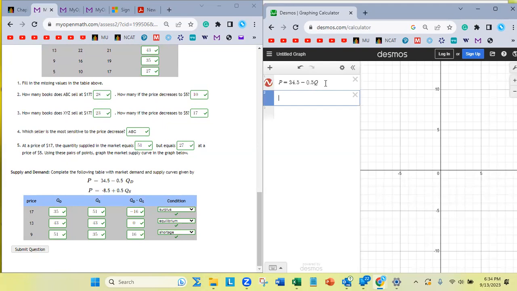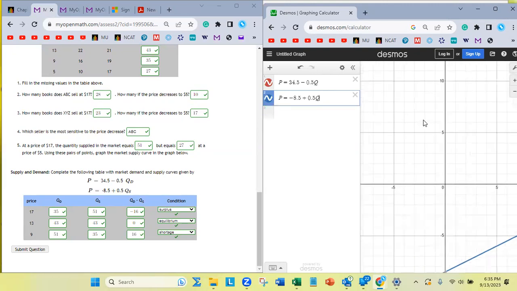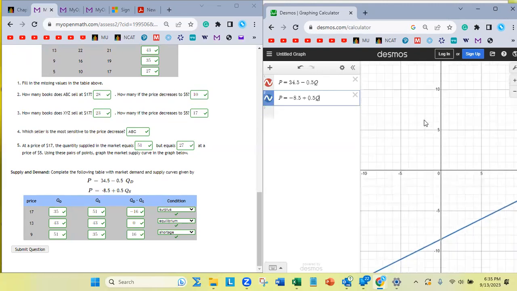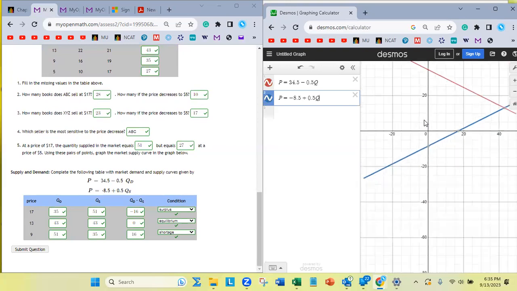And then I'm gonna do the supply curve. The supply curve is P equal to negative 8.5 plus 0.5 big Q, right? And we can come over here, we can graph it, right? We can zoom out. I'm zooming out over here.